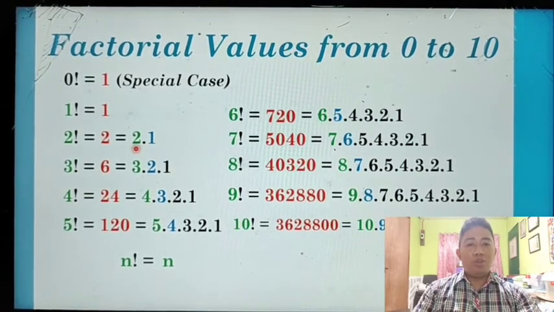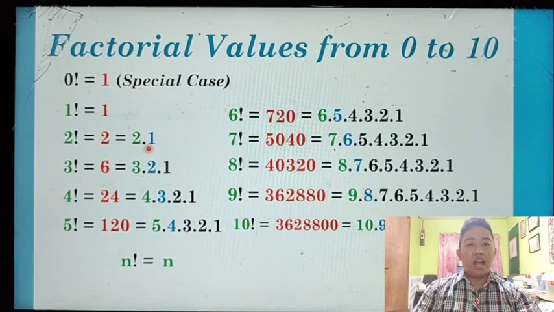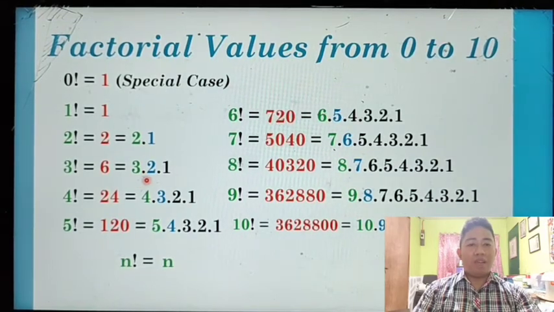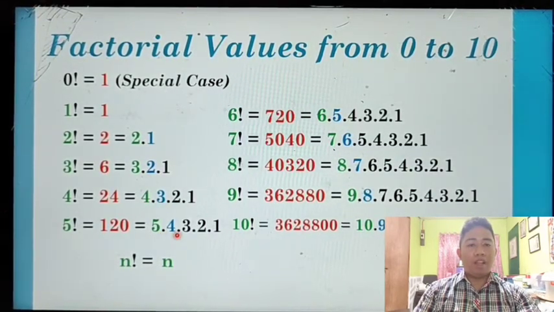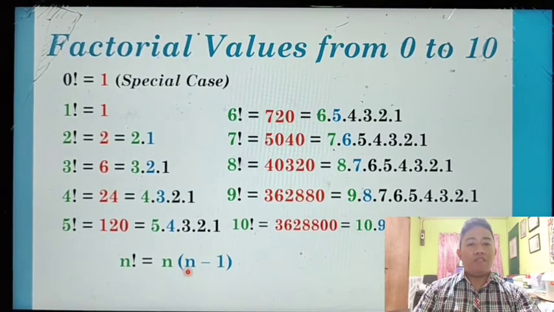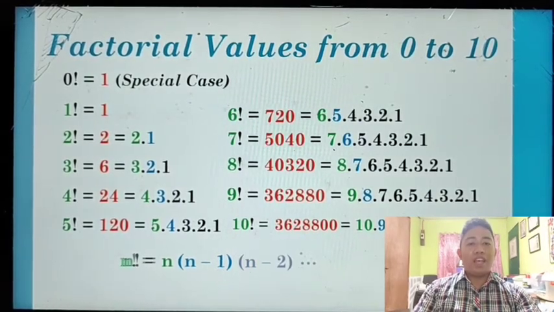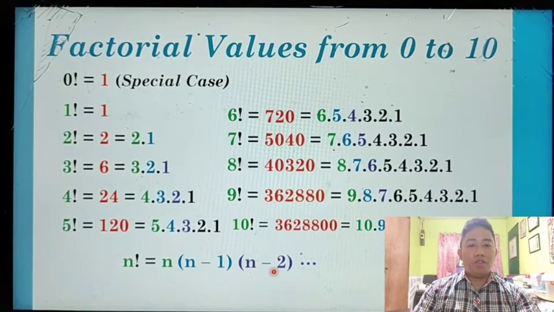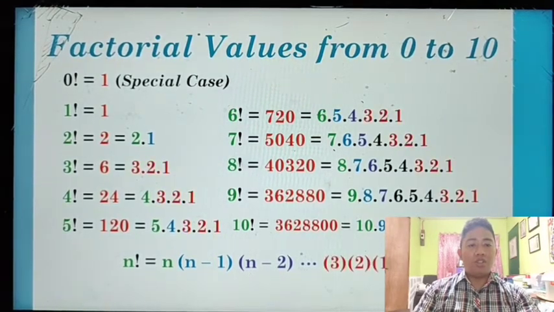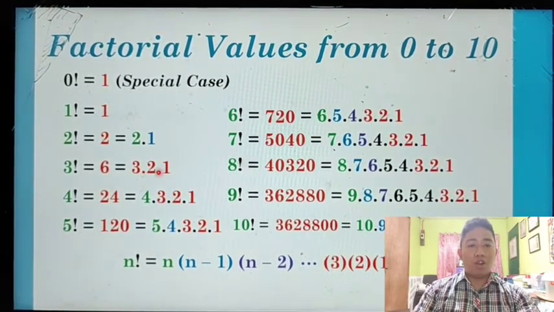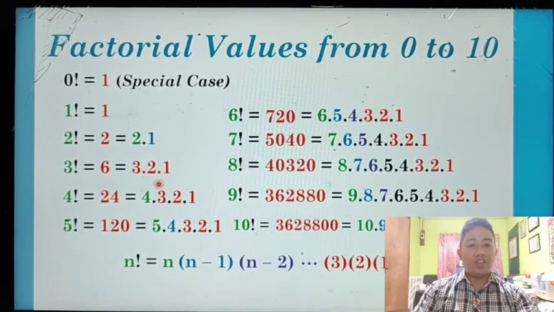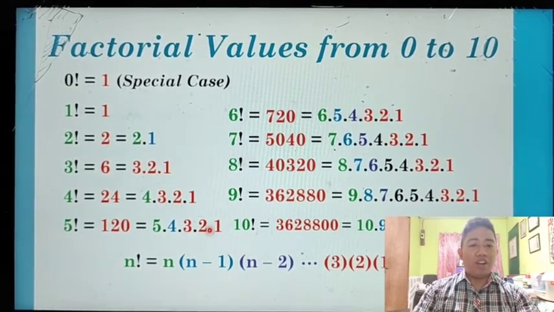The difference between 2 and 1 is a gap of 1. Also 3 becomes 2, 4 becomes 3, 5 becomes 4. So in short, the natural number subtracted by 1 is our next factor. Next, we have the violet ones, which subtract 2 from the natural number, and so on until it continues to 3 times 2 times 1. Those are the last 3 factors, indicated by the color red.